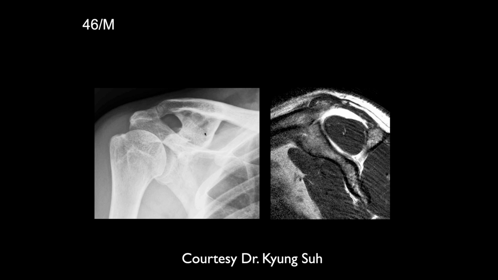Okay, what do you think about this one, Jennifer? Well, on the plain film, there's some irregularity of the AC joint and some widening of the coracoclavicular distance. So I'd be... What is that?